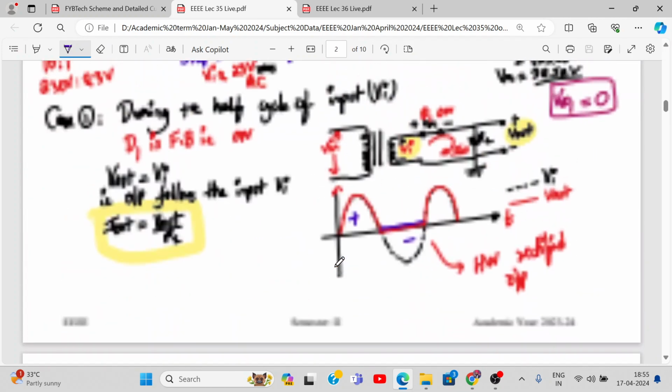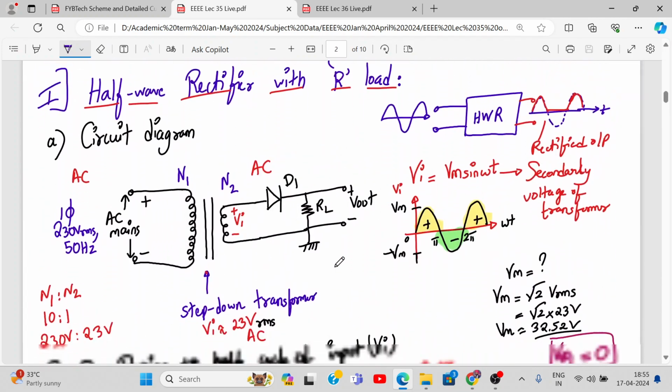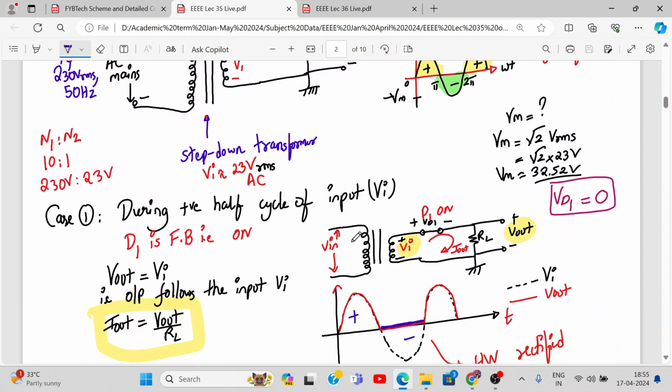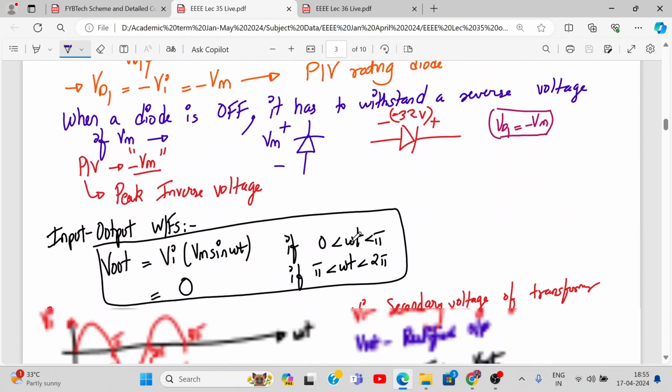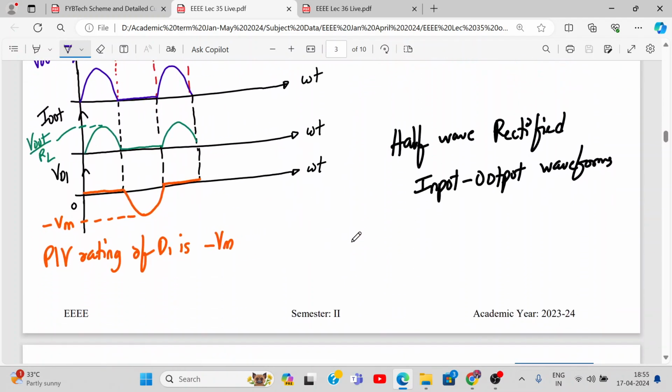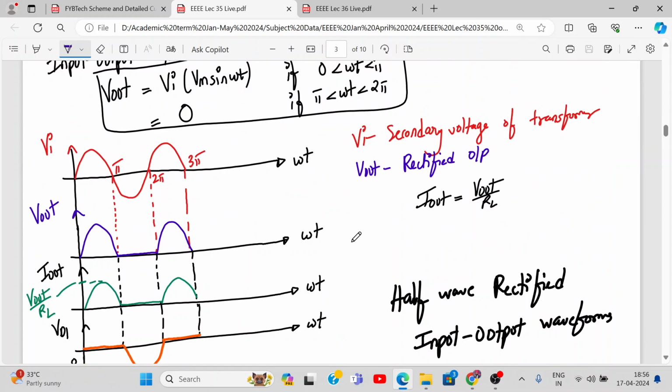I've derived everything right here, the circuit diagram, the waveforms, the cases, case 1, case 2, then the input output waveforms. You want me to continue like this only, in the same manner? Yes, sir. Okay, all right, we'll continue in the same manner.